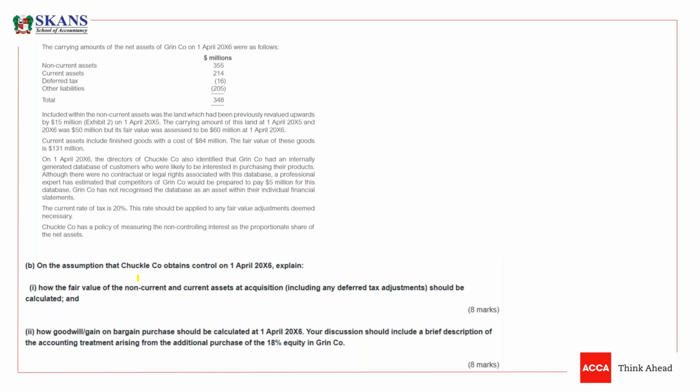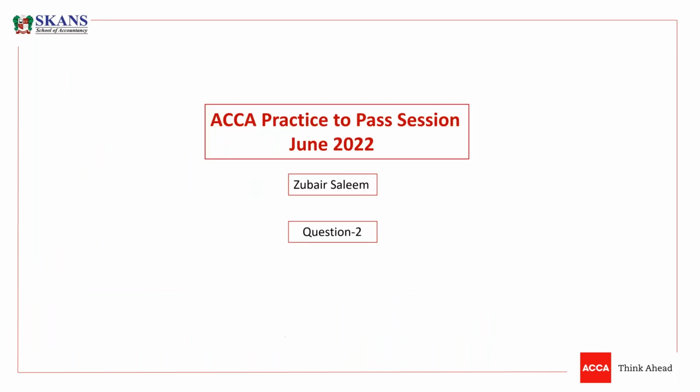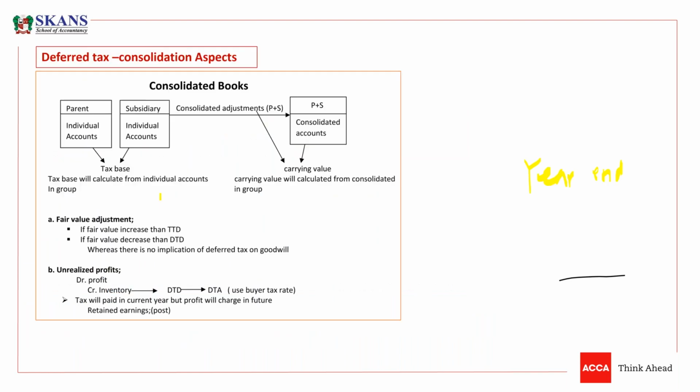So we need to revise two concepts, guys: deferred taxation as well as piecemeal acquisition. Right now, the important thing is deferred taxation. I hope everyone is aware of piecemeal acquisition, but we will revise the concepts of piecemeal acquisition quickly. So guys, listen carefully now.